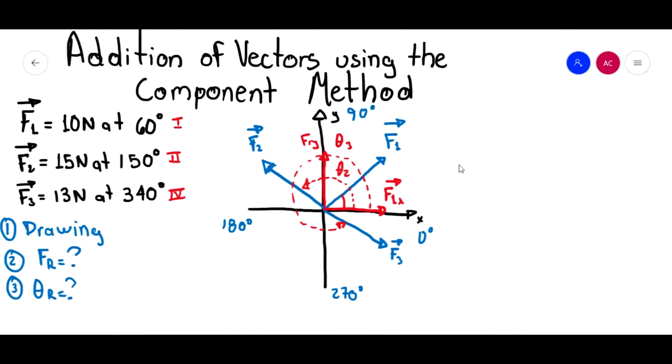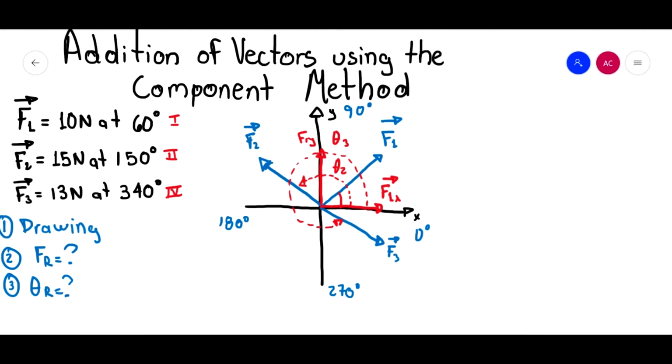The component method has two formulas. The first formula says that we are going to find the sum of all forces in X, all of them. This will be the rectangular component of the force 1 plus the rectangular component of the force number 2 plus the rectangular component of the force number 3 plus, and so on, until the rectangular component of the n force.